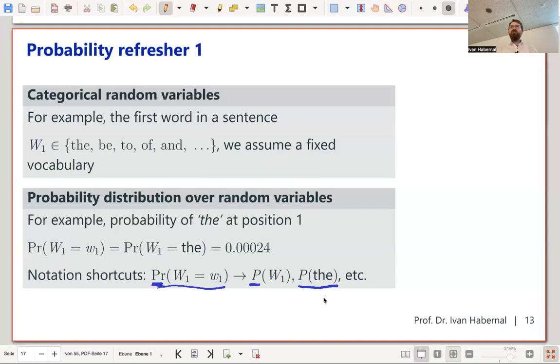So you should check that what you understand as a random variable and probability distribution matches what is here. If you're coming from measure theory, there are many more layers of abstraction behind it, but it shouldn't be. We're trying to make it simpler, not more complicated. So basically, this is the probability of the word at position 1 being "the".